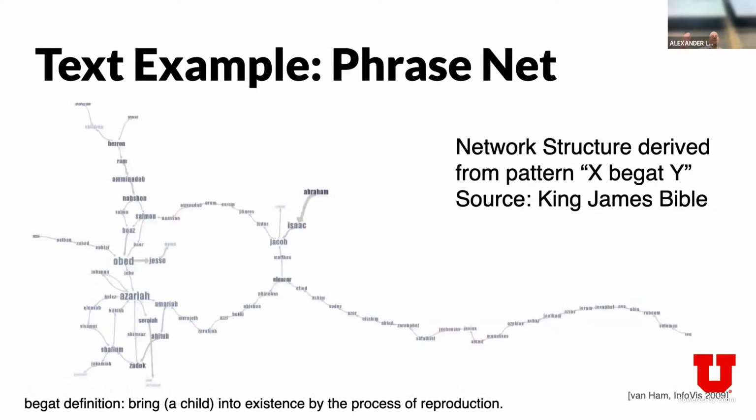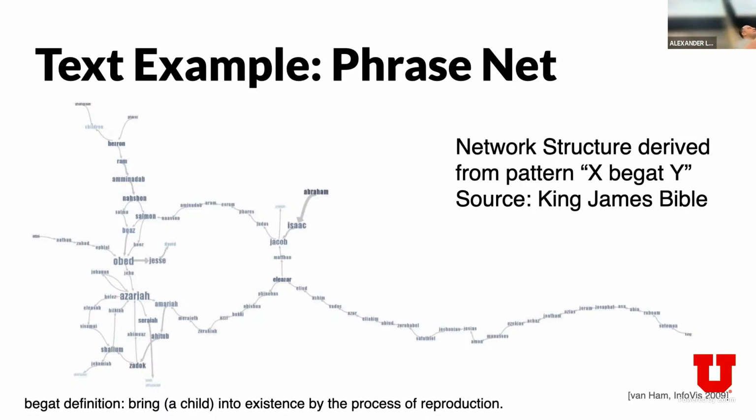So here is an example of text visualization. This is a visualization of the King James Bible, which is obviously unstructured, right? It's not that we have a data set about it, well, we probably have, but the Bible itself is not a structured data set. But then these guys, Frank van Ham and his colleagues, they used a simple algorithm to extract structure.